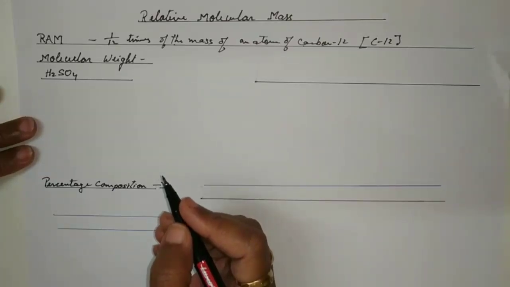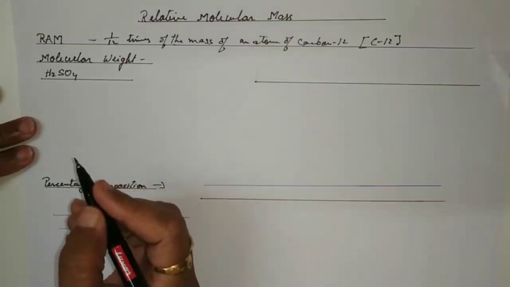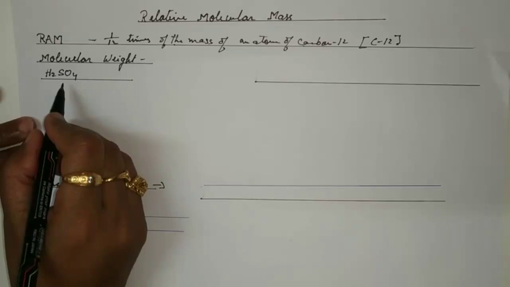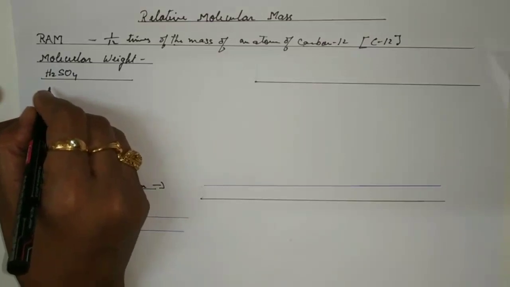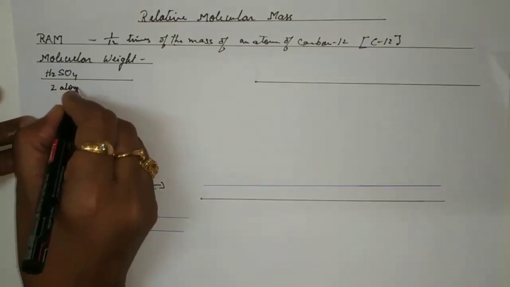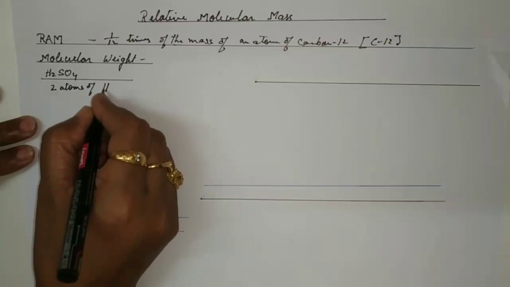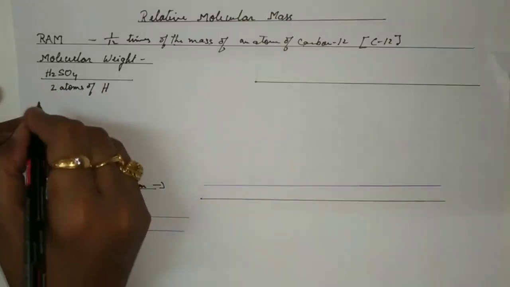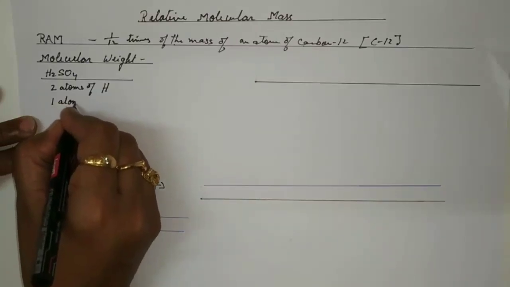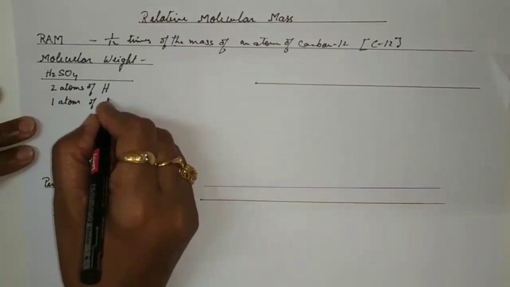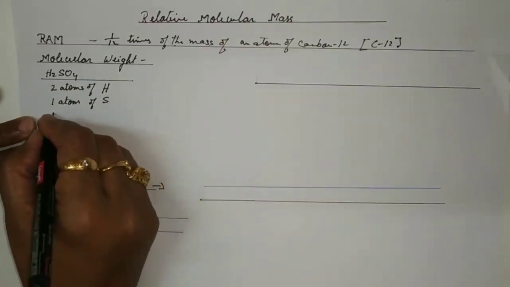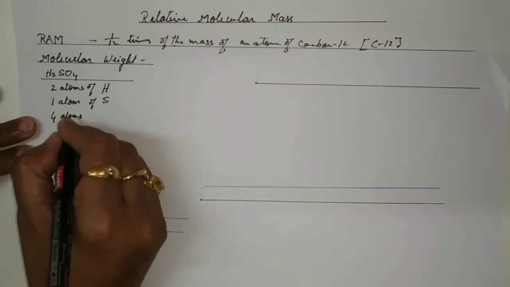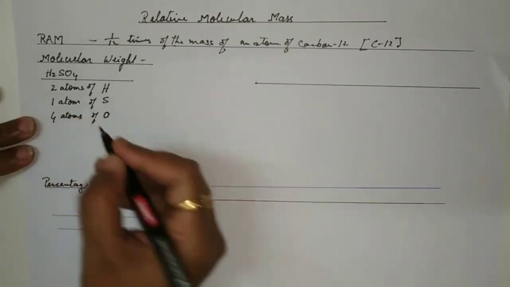When we have to calculate the mass of sulfuric acid, we have to understand that one molecule of sulfuric acid consists of two atoms of hydrogen, one atom of sulfur, and 4 atoms of oxygen.